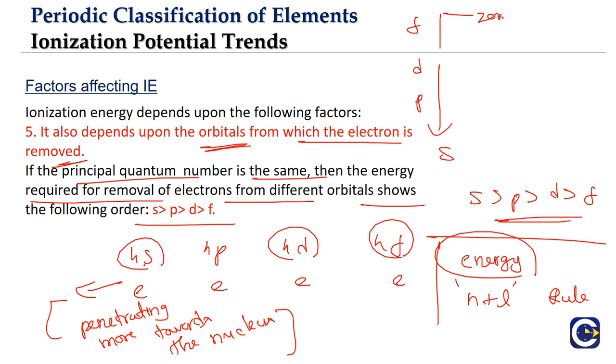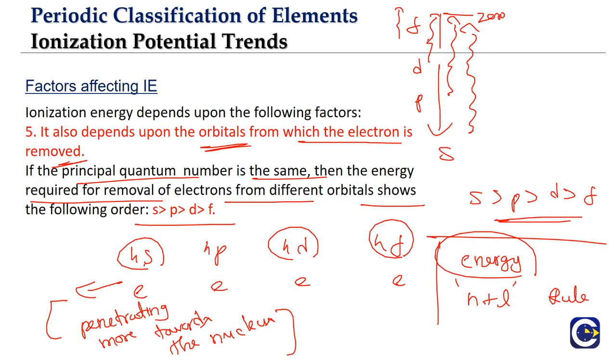This is the zero line, imagine somewhere at the top. To make the energy of the s electrons zero we have to spend that much energy; for p we spend this much, for d less, and for f it is easy to remove electrons. We are talking about the principal quantum number being the same.